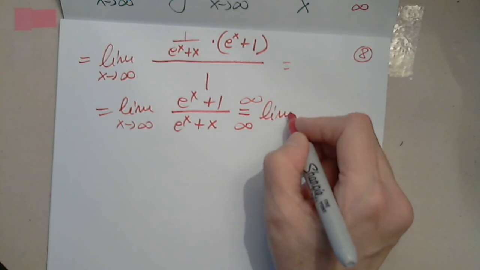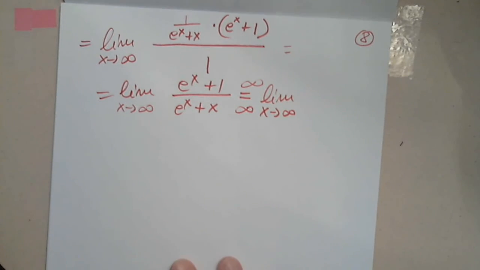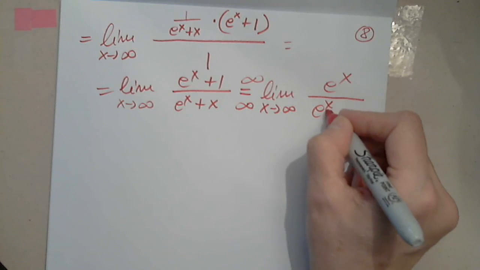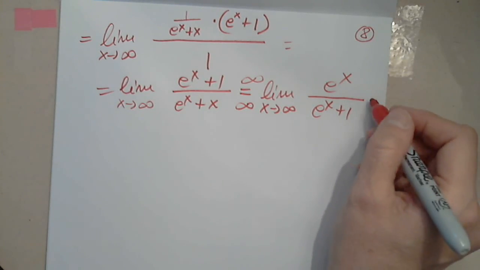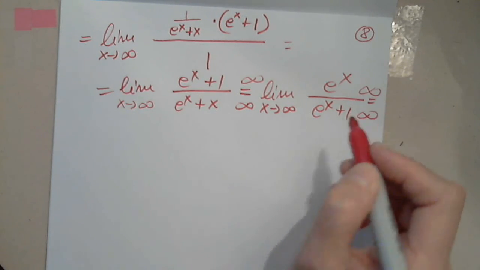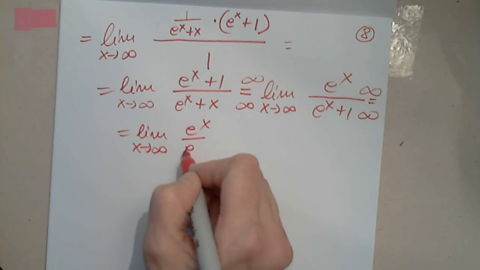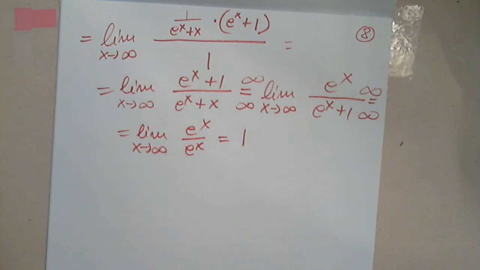I apply L'Hopital's rule again, and I get e to the x, and the denominator is e to the x plus 1. Who cares? This is infinity over infinity, but when I differentiate again, I get e to the x over e to the x, which is definitely 1.